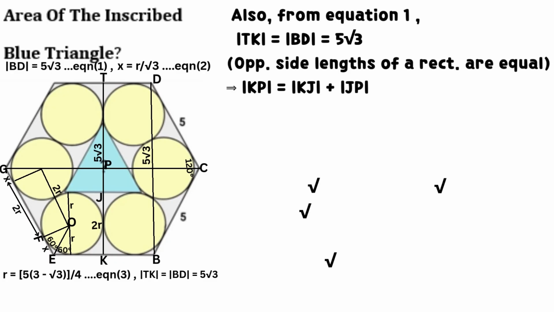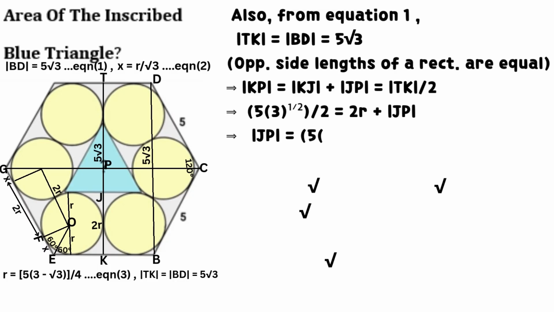This is because opposite side lengths of a rectangle are equal. It follows that line KP equals the sum of line KJ and line JP, which equals half of line TK. This implies that half of 5 times the square root of 3 equals 2 times R plus line JP. Hence, line JP equals half of 5 times the square root of 3 minus 2 times R.